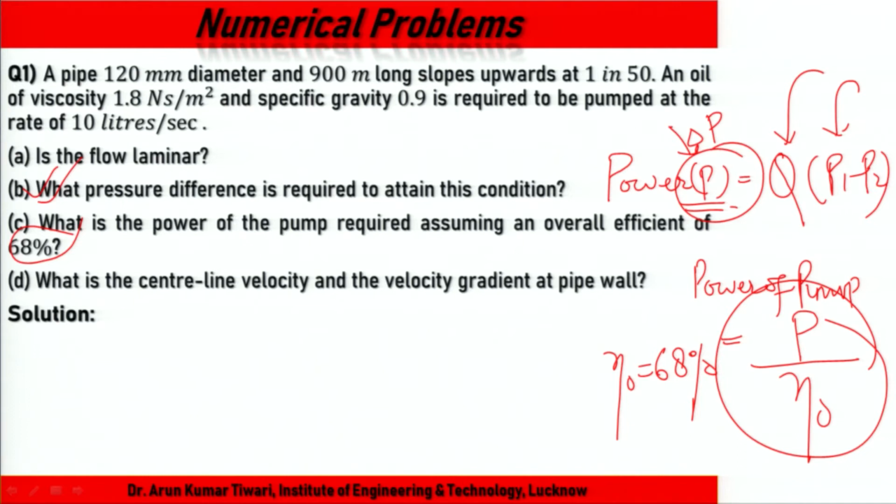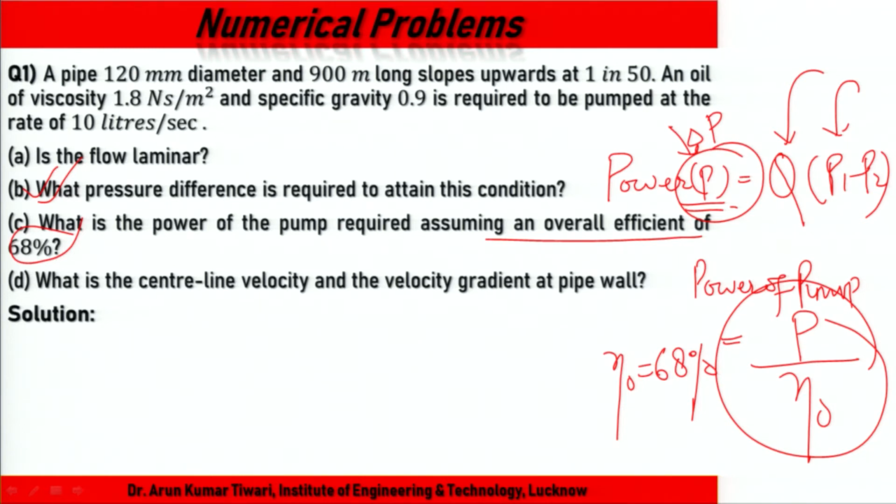By this expression we can calculate the third, the power of the pump required, assuming an overall efficiency of 68%. The fourth and last: what is the center line velocity?